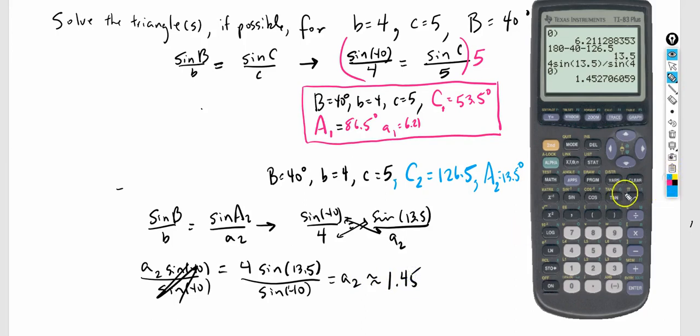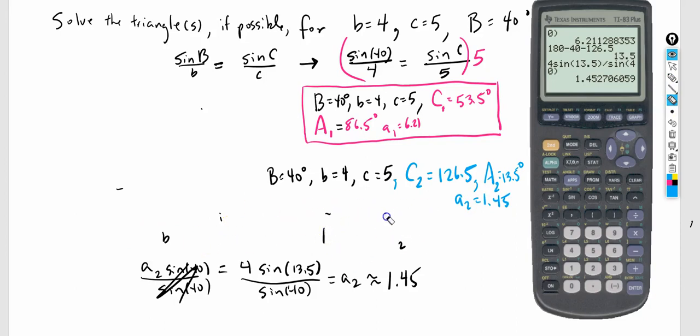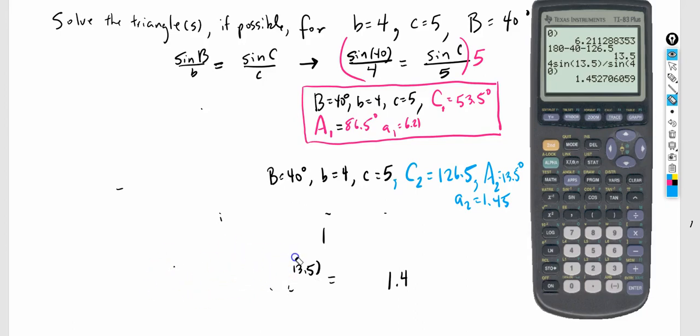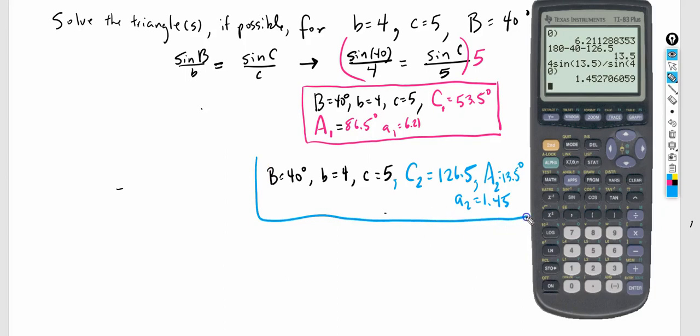And so I come back here, and my a2 is equal to 1.45. And now I have solved my second triangle. So the second possibility for my angle fitted. It was not a contradiction, and so I actually have two different triangles. And they are both solved now. And that ends this video.